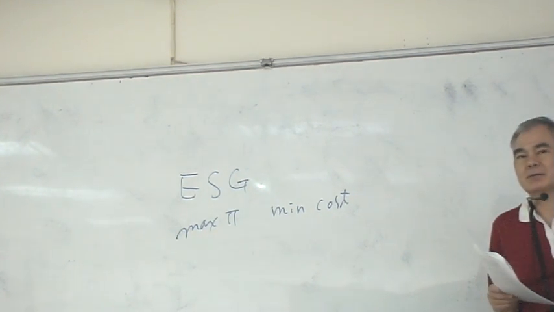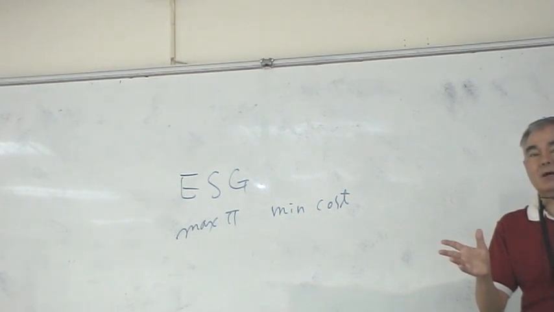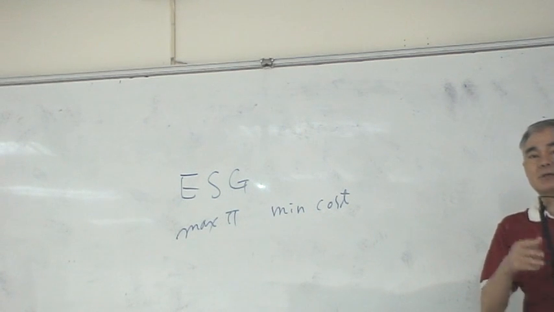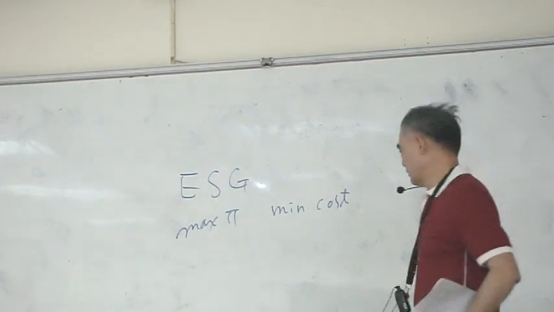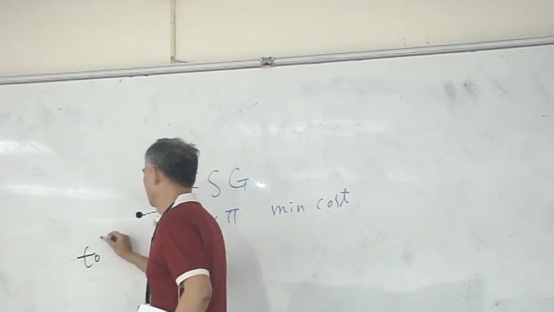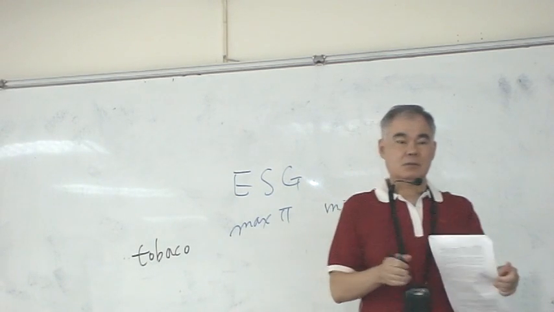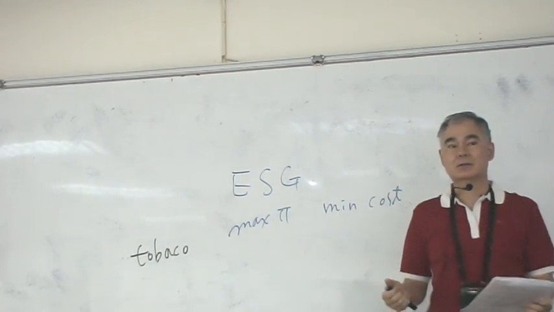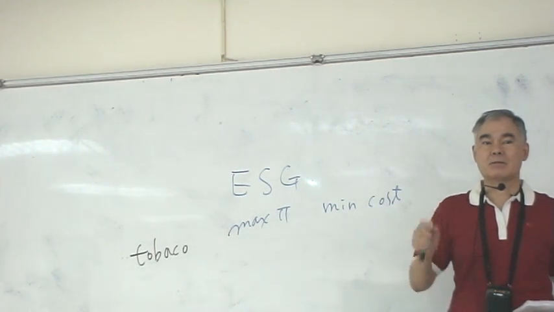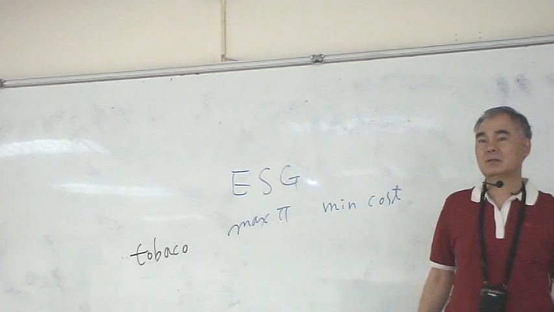But the point is, some financial institutions, if they're going to invest, they don't want you to invest in tobacco. What is tobacco? Zhang Guochao, what is tobacco? Right, the same thing, tobacco.